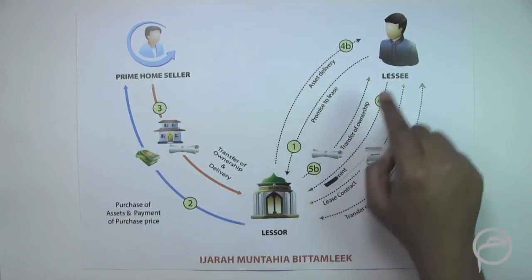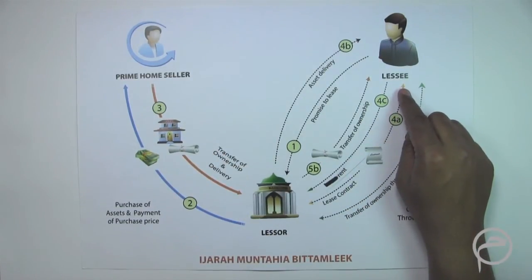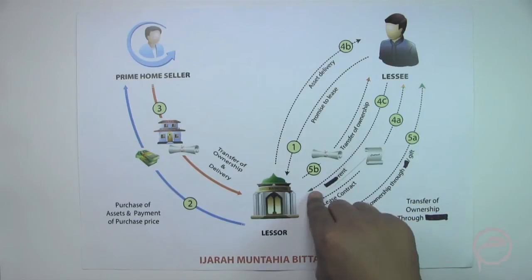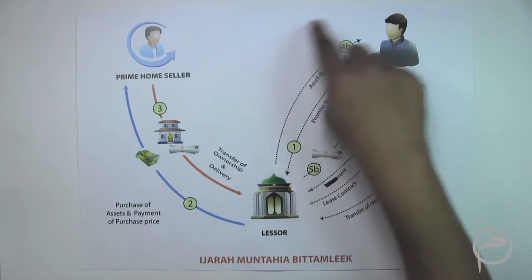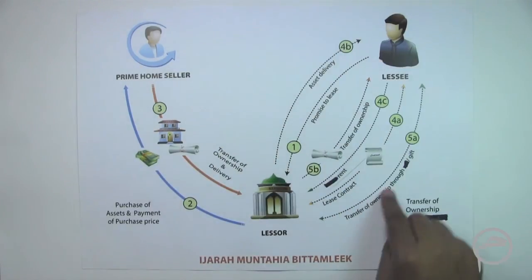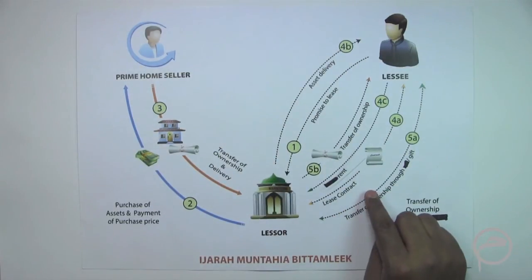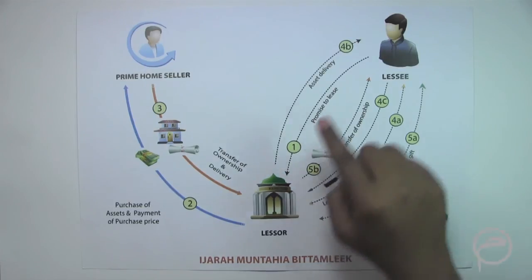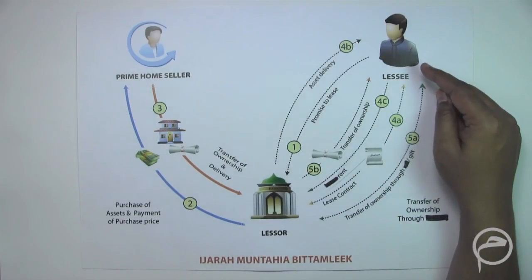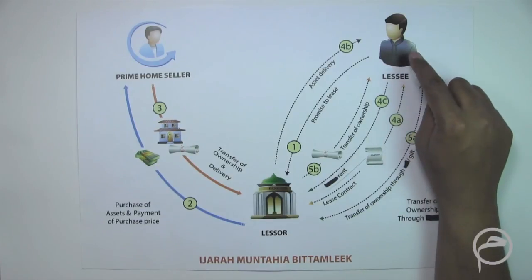So it pays the rentals on a regular basis, and at the end of the lease term, so for example, if this lease is structured for 5 years, at the end of 5 years, the ownership of the house is transferred to the customer. Now, how is that ownership transferred to the customer?